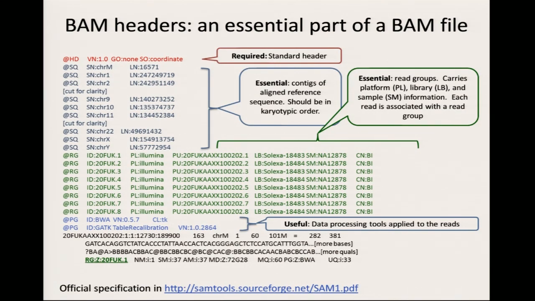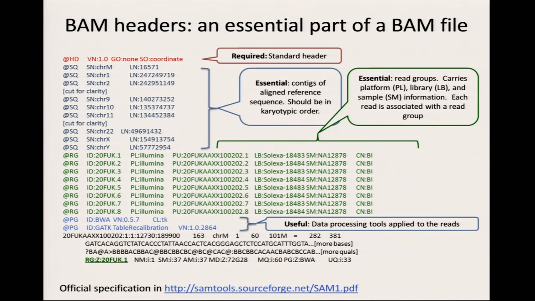In addition to having all these records in the BAM file, there's the BAM header, and in the header, the most important thing is that you're going to find out what all these lanes were, and these are called read groups. The RG is a read group, and that's the lane's name, and it tells you which sample is in that read group, right? That's how you're going to associate every read with whatever error model you generated per lane.